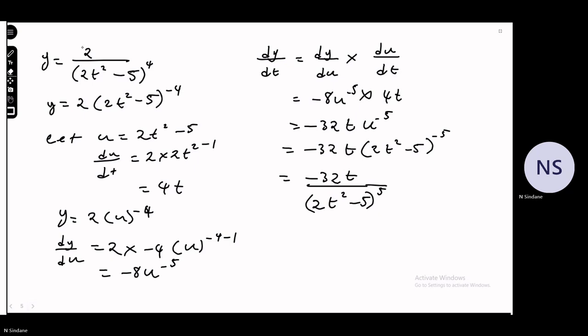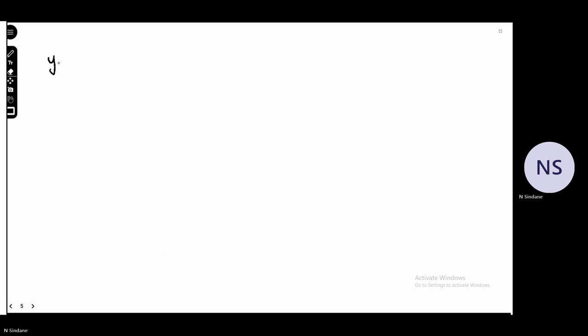y is equals to 2e to the power tan theta. So in this case, I have an exponential and I also have that guy, the trig. So let u be my trig, tan theta.